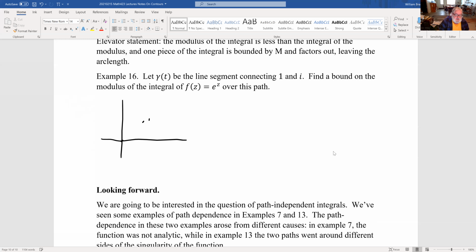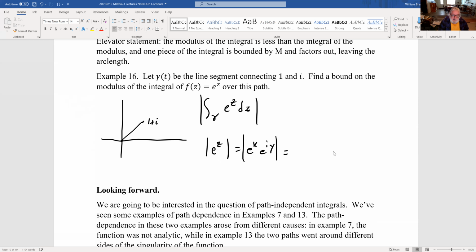So suppose we have gamma of t connects 0 to 1 plus i. What's the modulus? Find a bound on the modulus of the integral of e to the z dz over that. So a nice thing about e to the z: if we take z equal to x plus iy, then the modulus of e to the z equals the modulus of e to the x times the modulus of e to the iy.